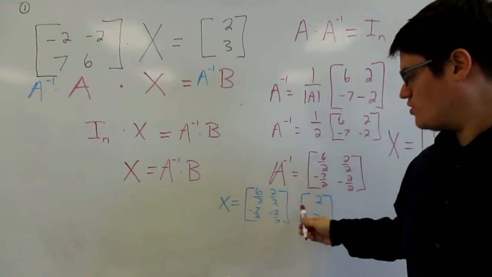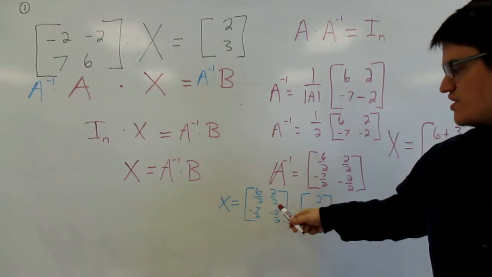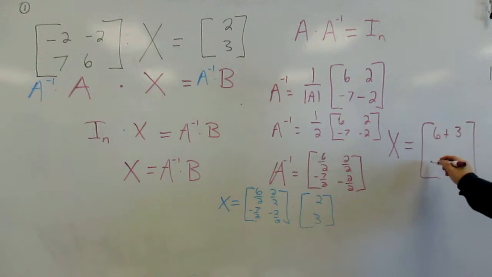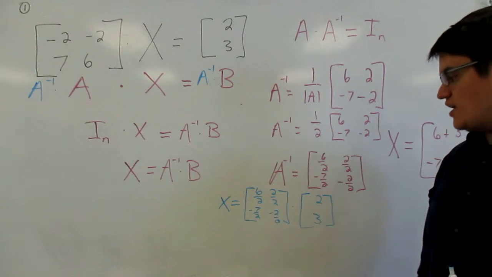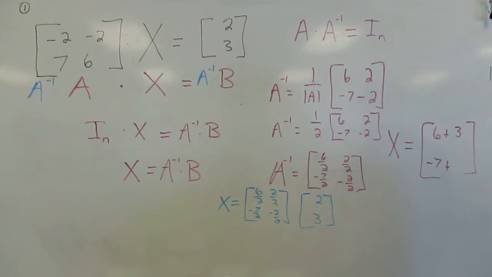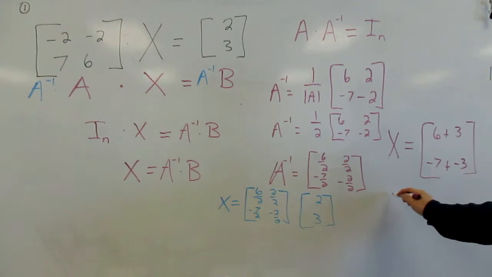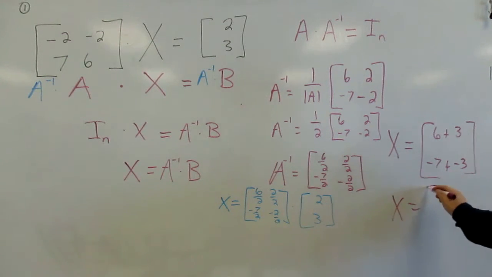And then we do row times column. Negative 7 over 2 times 2 is negative 7, plus negative 2 over 2 times 3 gives us what? Negative 6 over 2, so negative 3. I don't know why, it's like drawing a blank for a second. Okay, so X equals 6 plus 3 is 9. Negative 7 plus 3 is negative 10.